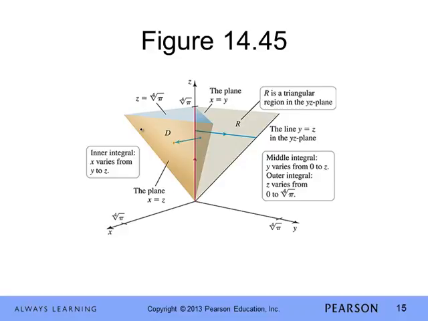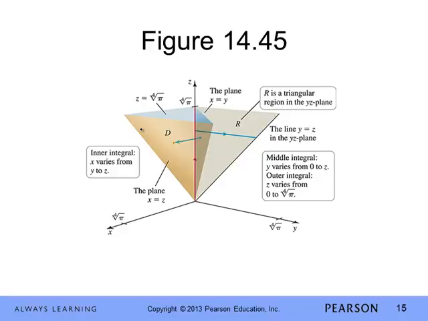It's going to enter this diagonal plane and exit this plane right here that's going out like that. So on the back end, x is going to be entering the plane x equals y. And on the exit, it's going to exit through the plane x equals z.